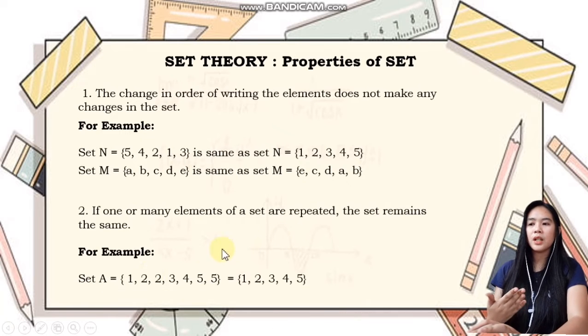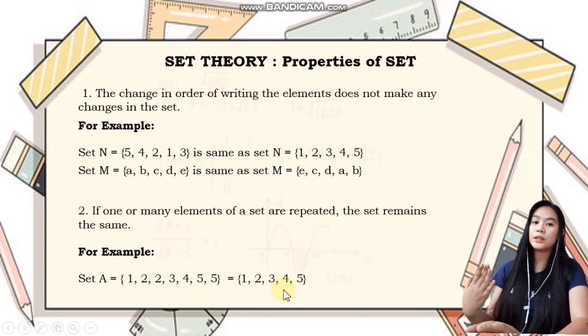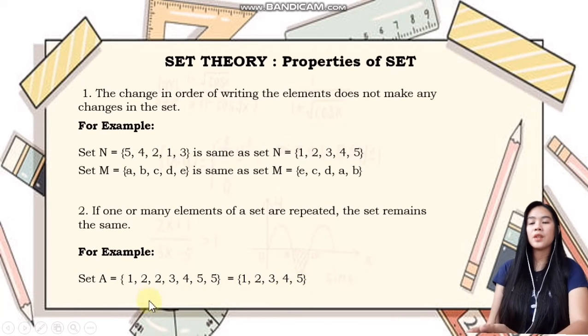So for example, set A is equal to {1, 2, 2, 3, 4, 5, 5}, which is equal to {1, 2, 3, 4, 5}. Mapapansin nyo na ang element number 2 and element 5 ay na-repeat, pero hindi na siya counted sa ating set. So, ayan, 1, 2, 3, 4, 5.